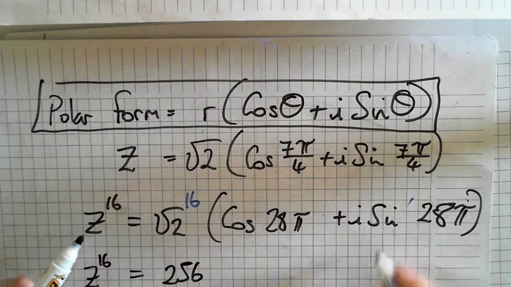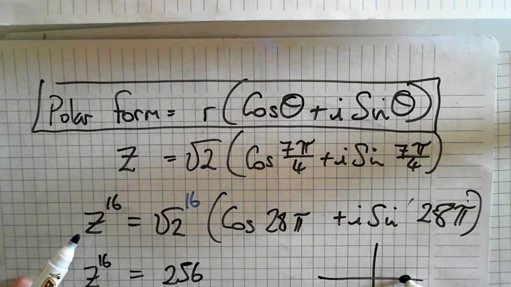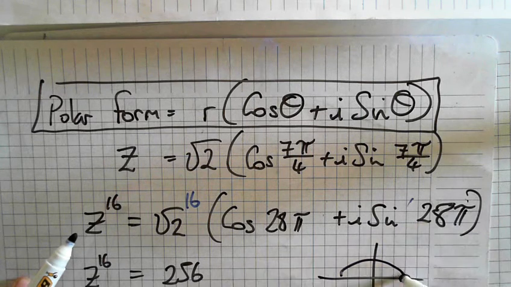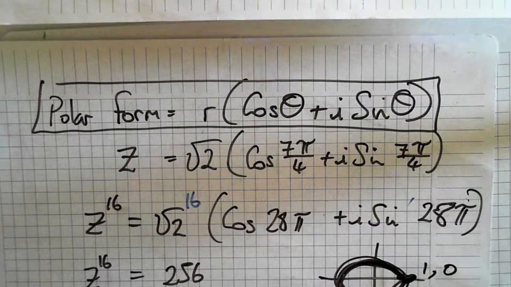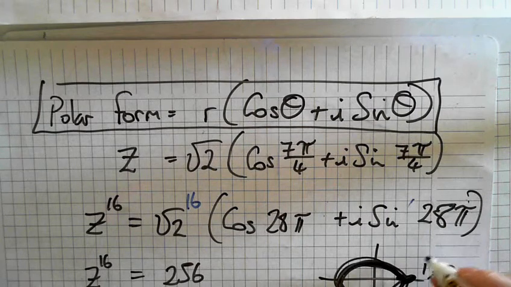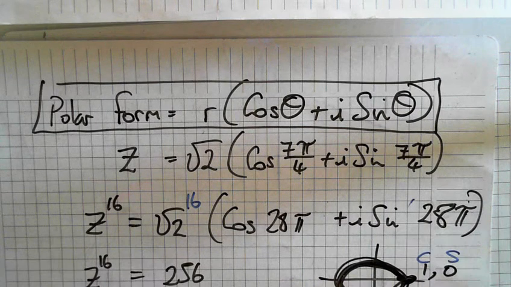Now, if I start off with a unit circle, watch. If I start off here, that's pi, using 28 pi: pi, 2 pi, 3, 4, 5, 6, 8, 10, 12, 14, 16. Where will I end up? I'll end up here when I go around 28 pi. So what's the value? This point is 1 comma 0. Which comes first, cos or sine? Cos and then sine.